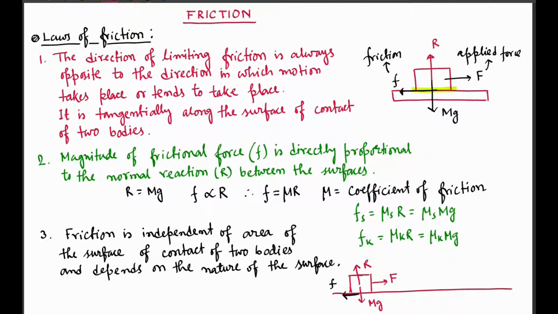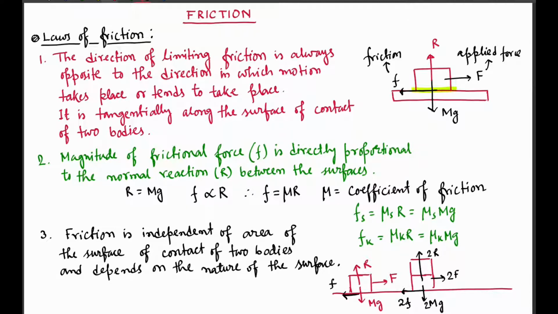Now, another identical block is placed over it, like this. And here also, the same force, that means now here 2F is the amount of force applied. The reaction is 2R, weight is 2mg, and frictional force is 2F if the block remains at rest.